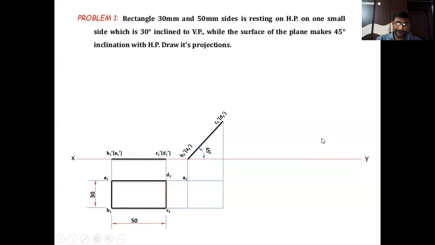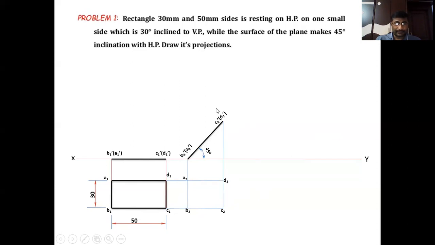Clear, students? Then B2. How to locate B2? The projector coming from B2 dash intersects with the projector coming from the corresponding point B1, and that intersection point is taken as B2. This corner is B2. Similarly, C2. The projector from C2 dash intersects with the projector coming from C1, and is located as C2.